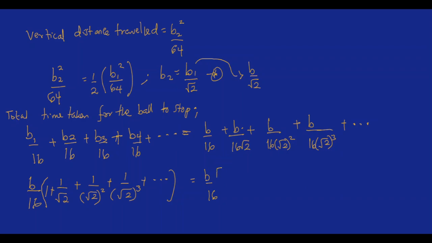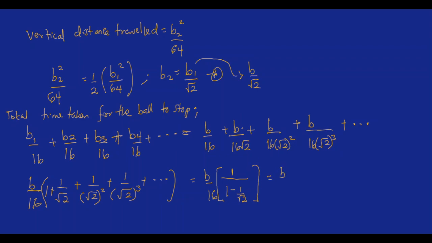So b over 16 into brackets, the formula for the sum to infinity of a geometric series is a over 1 minus r, where a is the first term and r is the common ratio. In this case, the first term is 1, so we have 1 divided by 1 minus 1 divided by root 2.